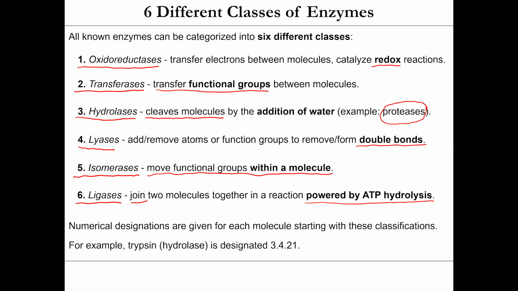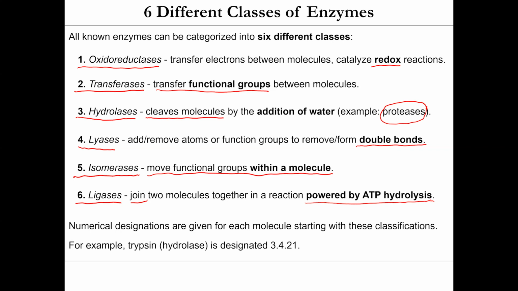So actually the formation of those peptide bonds would require ATP hydrolysis and be performed by a ligase as the type of enzyme that performs that activity. So there's these 6 classes, and you can use them to give numerical designations for each enzyme.